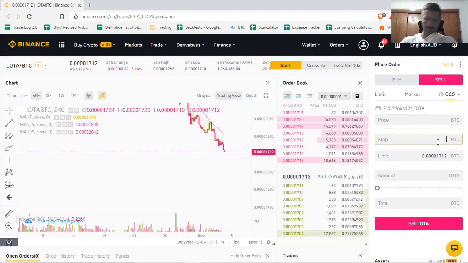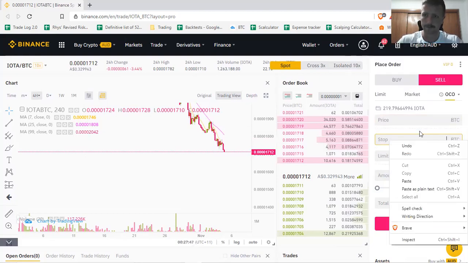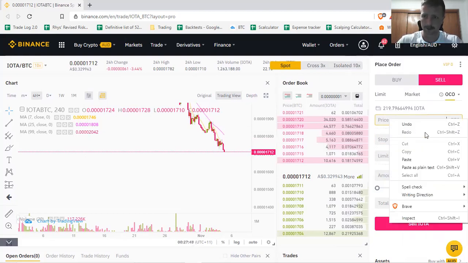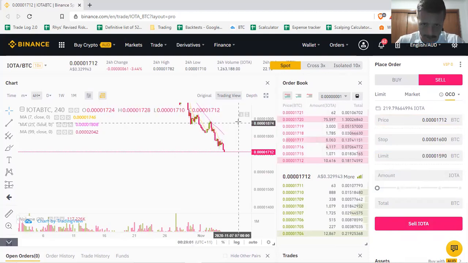Let's do the same thing again. Just paste that there and there. Let's say that my stop was at 1600 and my limit was at 1590, and I wanted to take profit at 1900.